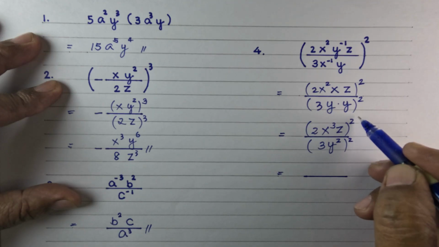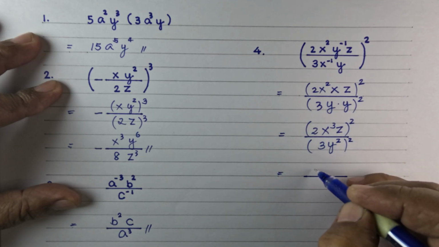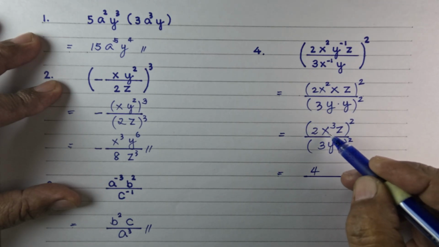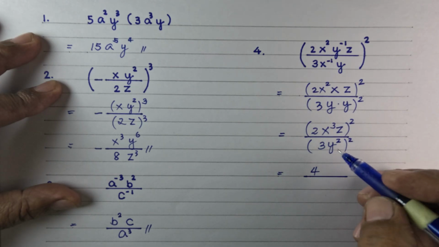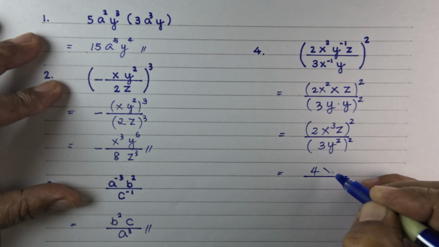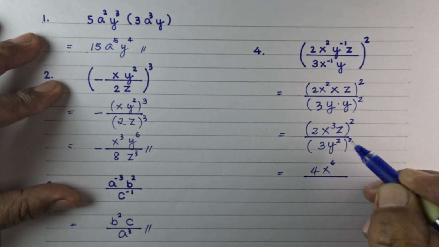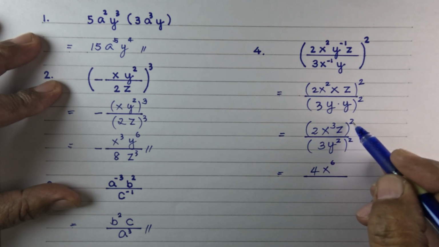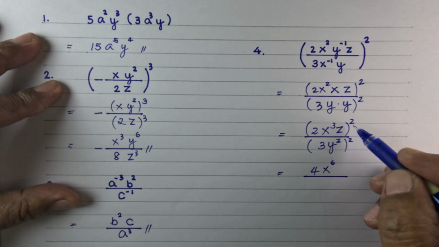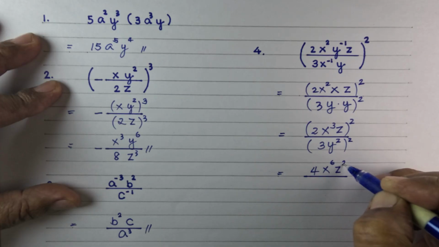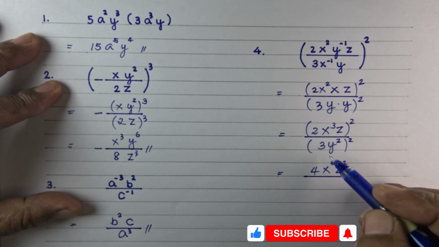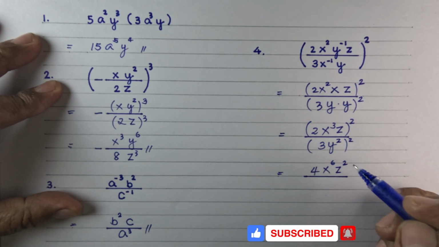So 2 raised to the second power is 4. X cubed raised to the second power is x to the sixth power. We will simply multiply their exponents. Z raised to the second power is z squared, over 3 raised to the second power is 9.